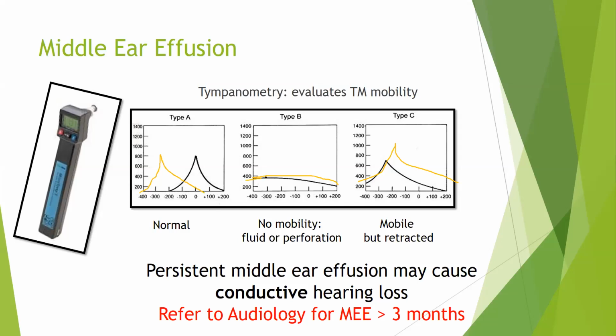But the take home really here is if there's no movement, we got a flat one, the peak is normal. So we need to refer to audiology, especially if they've had this persistent middle ear effusion for greater than 3 months. We've got to refer to ENT, and then we've also got to refer to audiology because they're going to have conductive hearing loss.